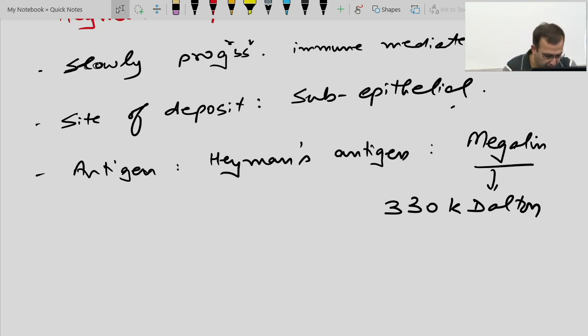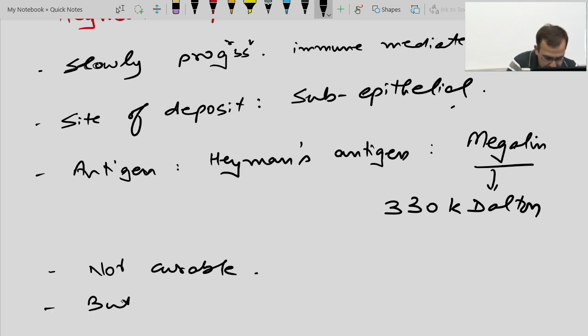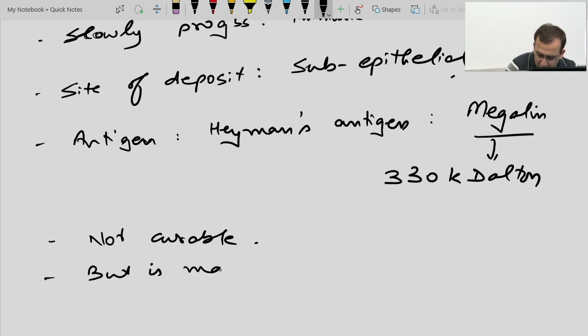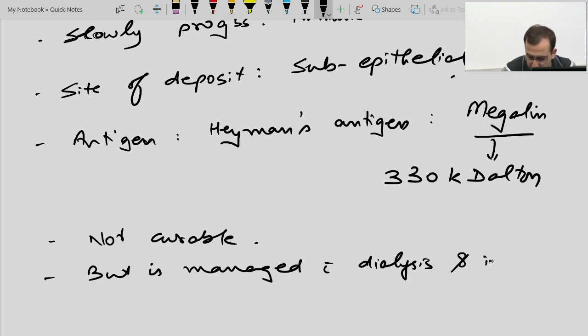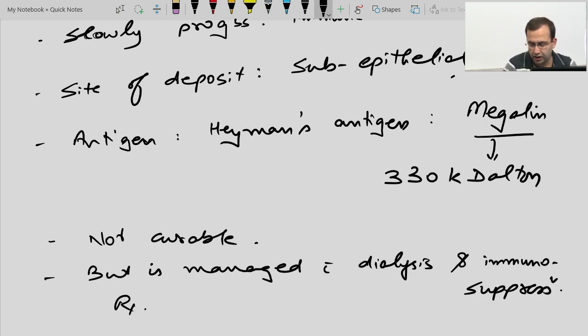Next point. This Heymann's nephritis is actually not curable, but is managed with dialysis and immunosuppressive therapy.